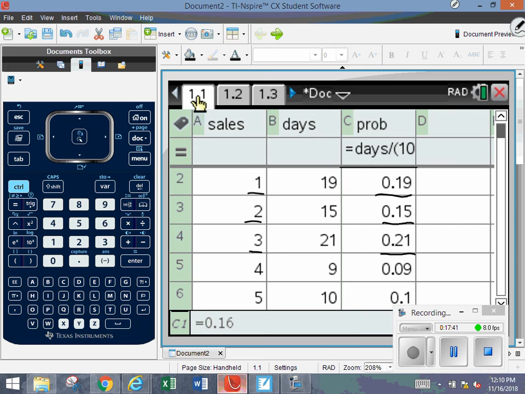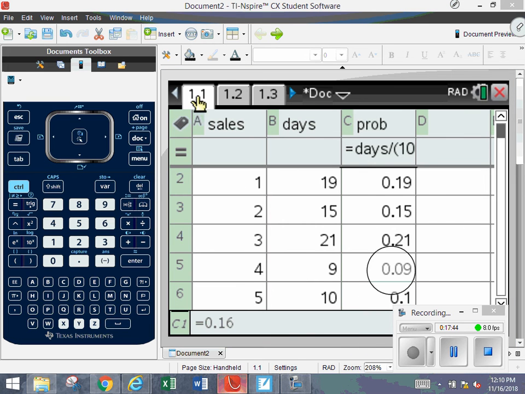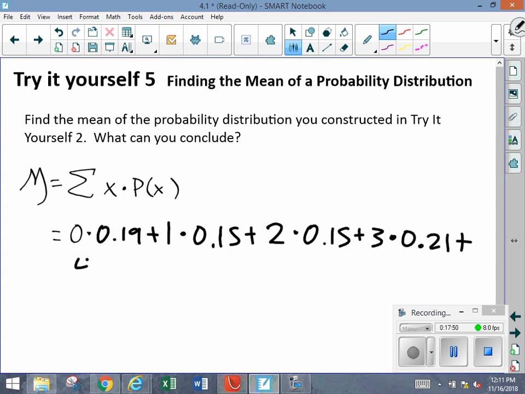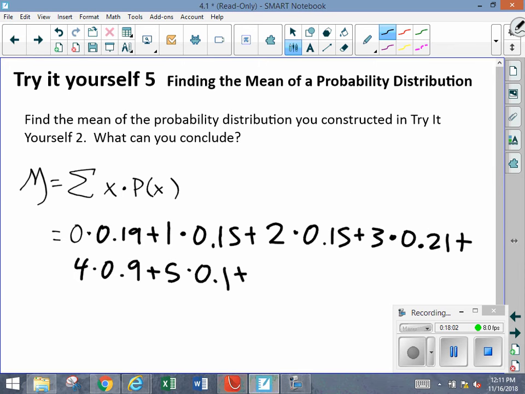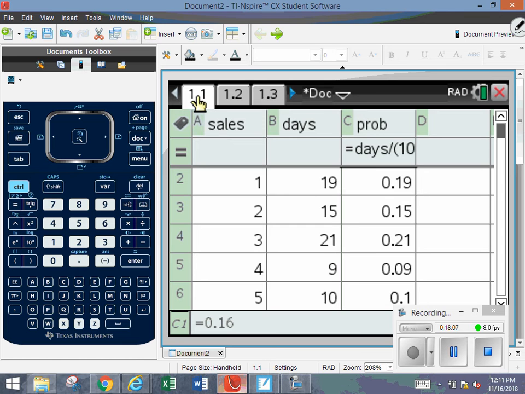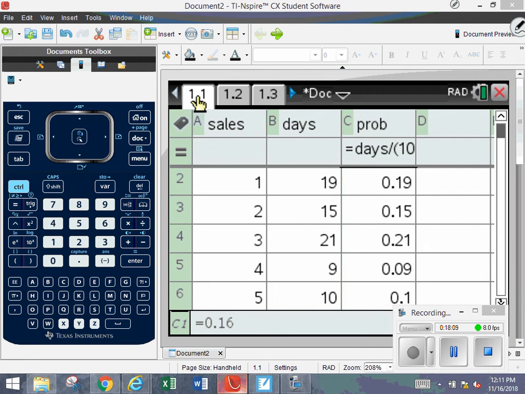Four times. I'm actually going to erase these. 4 times 0.09, 5 times 0.1. Is it 0.01 or 0.1? 0.1. Plus 6 times. I don't know if I made a mistake.